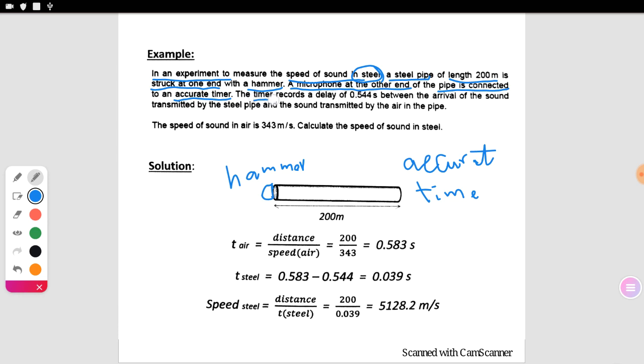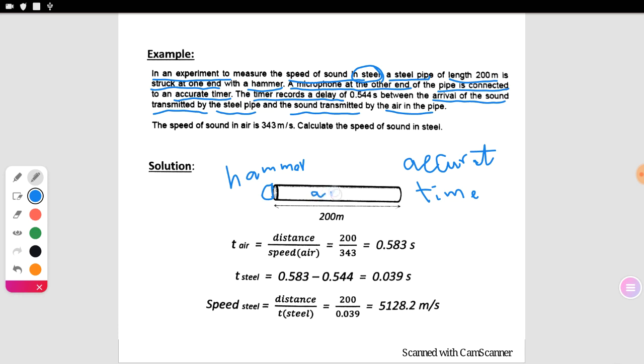The timer records a delay of 0.544 seconds. This is the time between the arrival of the sound transmitted by the steel pipe and the sound transmitted by air. There are two different paths.